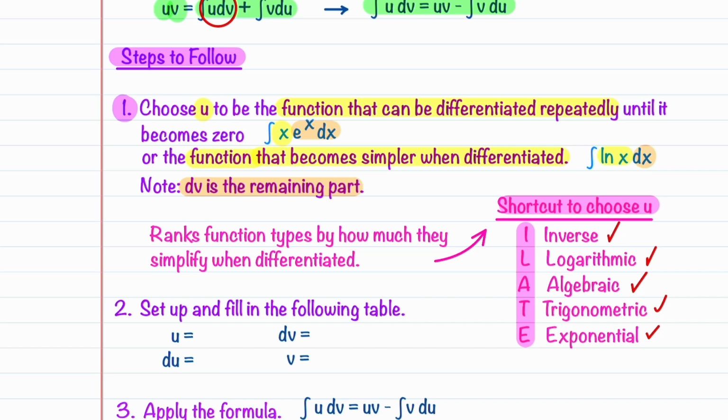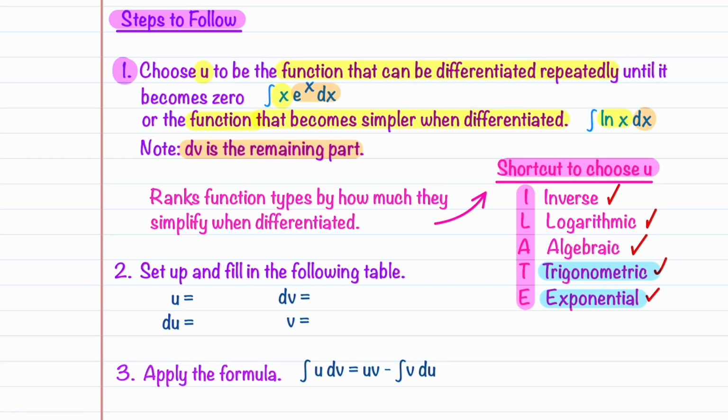The exception to this is that when both factors are equally low in the list, such as a trigonometric like cosine x and an exponential like e to the x, this shortcut doesn't help and we have to do something different. I'll show you what to do for a problem like that when we go through our examples.